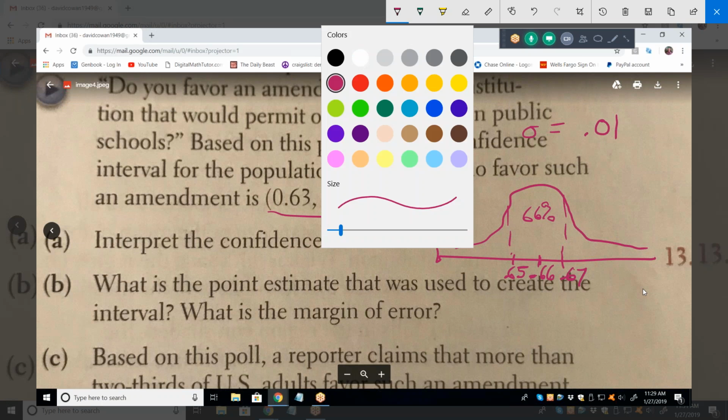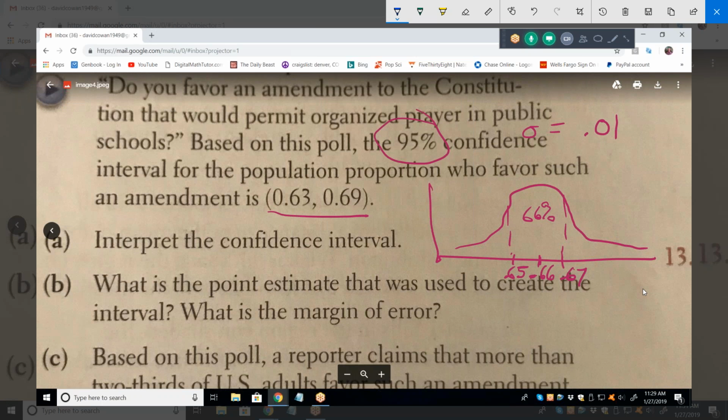With a different color, let me draw out 2 sigma. So since sigma is 0.01, this is 0.64, this is 0.68, and now we know that 95% of the area under that total curve lies between 0.64 and 0.68.